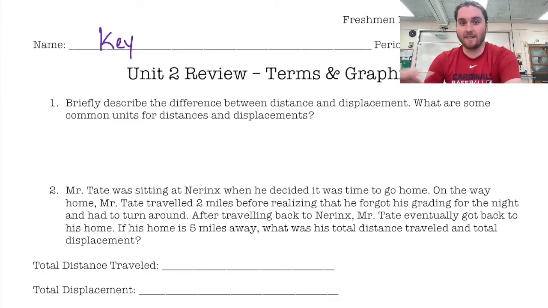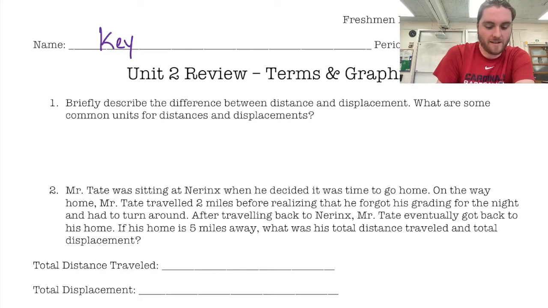Number one is asking us to describe the difference between distance and displacement, and more specifically, what are some common units, and basically, what do they measure? So let's start here.